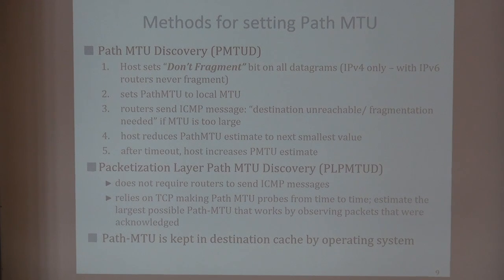It's used primarily for IPv4. In IPv6, what many systems do, they say, let me assume that 1280 is the MTU size, because it's the minimum MTU size, and in many cases it's close to the maximum anyhow, so you don't bother. For IPv4, it is typically done.